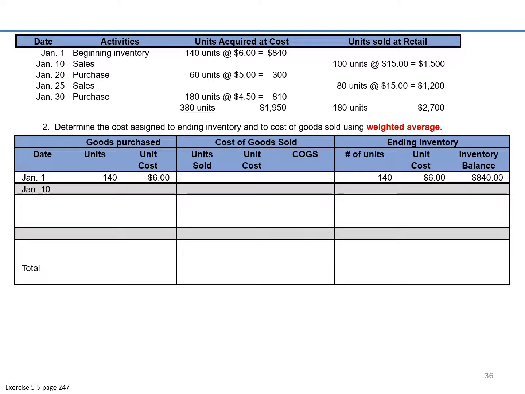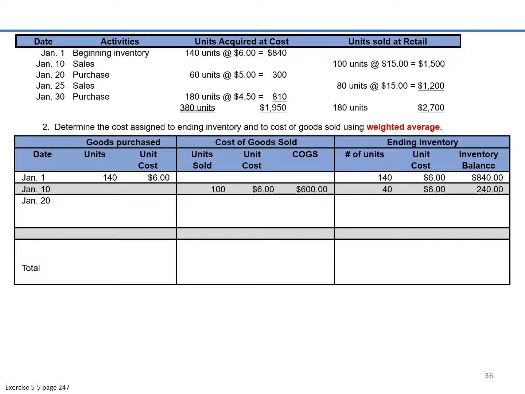Then on January 10th, we sold 100 units at an average cost of $6, so our cost of goods sold is $600. Now our ending inventory has 40 left at an average cost of $6, or $240.